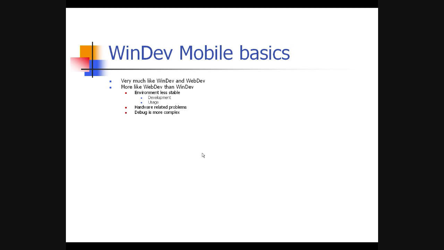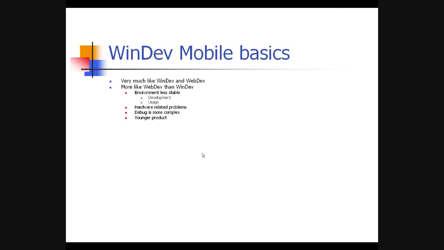Again, here the debug is more complex, just like in WebDev. You will have to deal with things that are just not the same. You are developing on a machine on Windows, and the program has to run after that on a very different hardware with a different operating system. So you will have problems to debug that you don't have in WinDev.